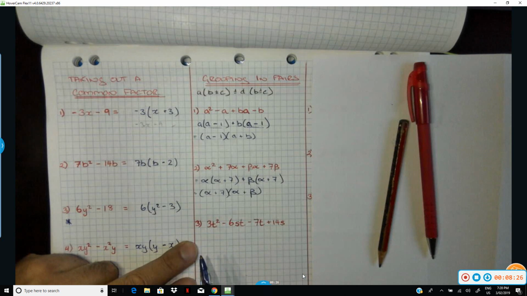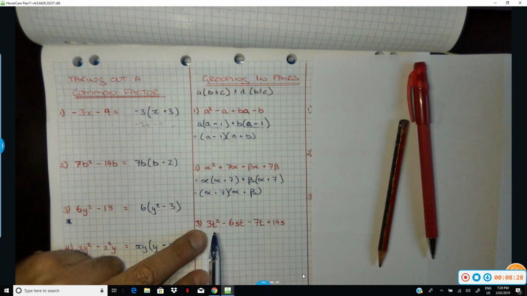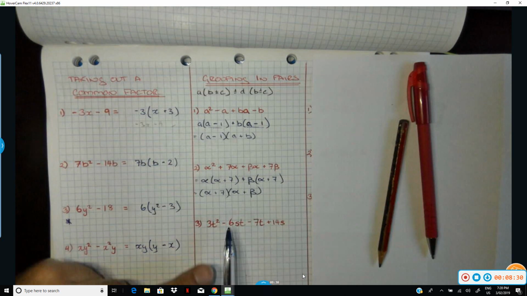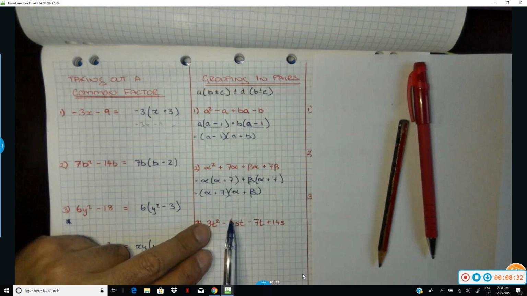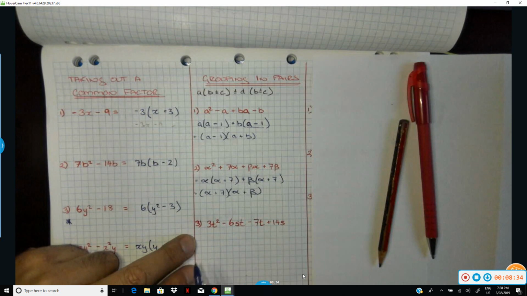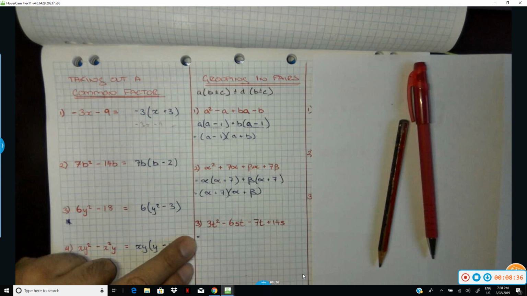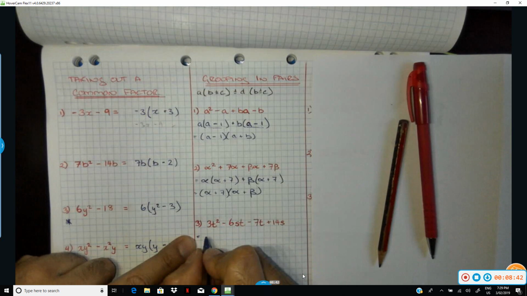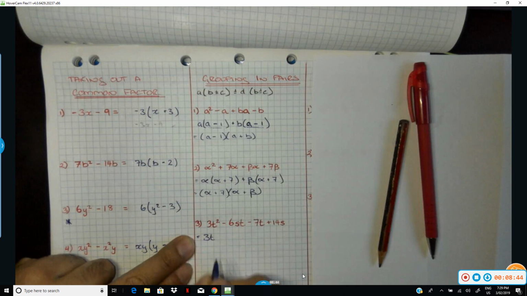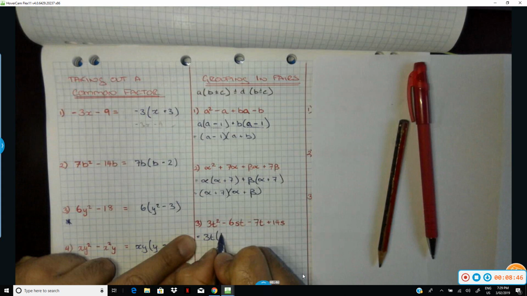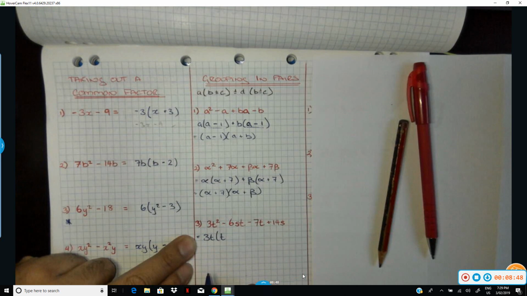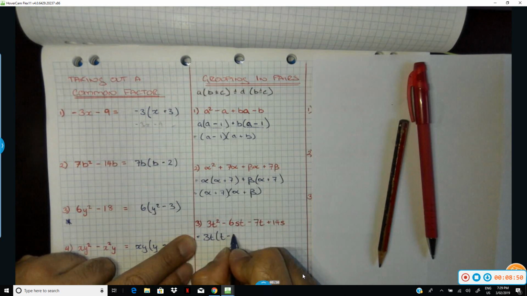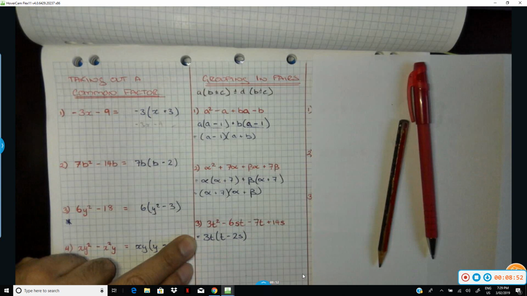Yeah, these seem to be in order. Well, sometimes you might need to swap things around so that you can get a common pair. But these ones are in perfect order. So taking out the common factor between these 2 terms is 3t. 3t times t makes 3t squared, and then minus 2s goes in there.